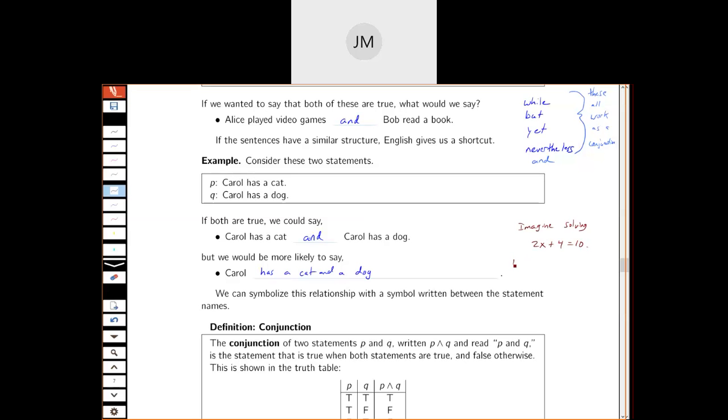So if I had to write out 2 times x plus 4 is equal to 10. Okay. And then I have to write out, okay, subtract 4 from both sides of the equation to get the new equation.